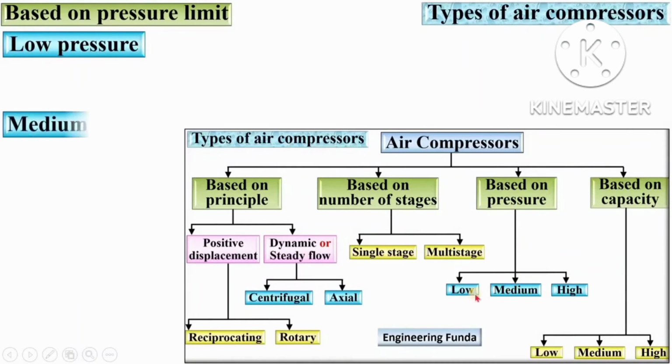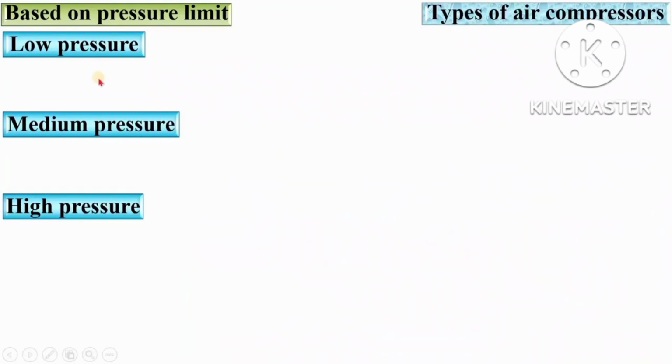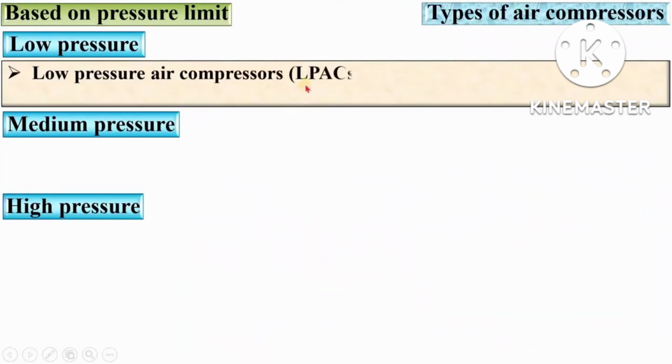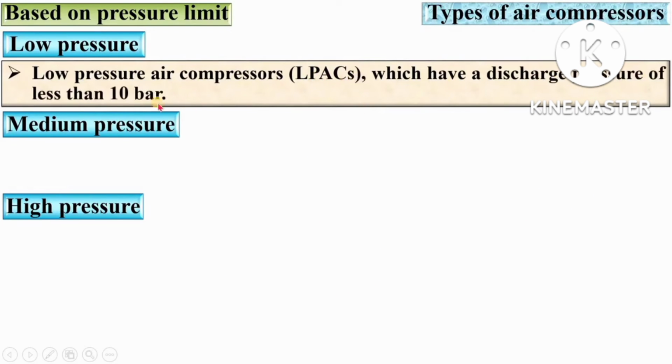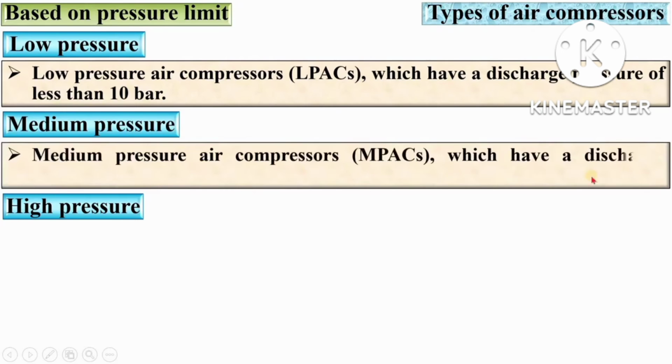Now next, based on pressure limit, low pressure, medium pressure and high pressure air compressor. Low pressure air compressors, that means LPACs, have a discharge pressure of less than 10 bar. In case of medium pressure, discharge pressure is 10 bar to 70 bar.